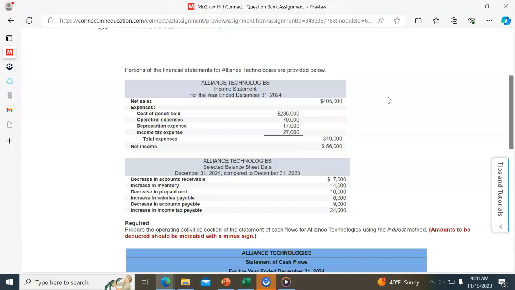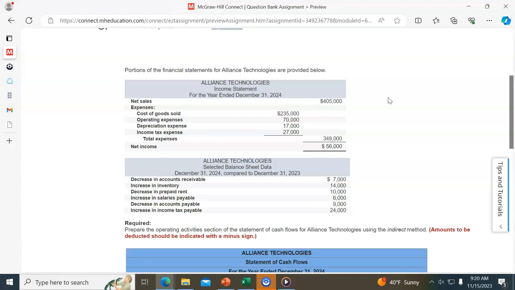Increase it. We go with current assets, we do the opposite. With current liabilities, we follow it. So a decrease in accounts receivable will add back. An increase in inventory, we will do what? Subtract. A decrease in prepaid rent, we will add.